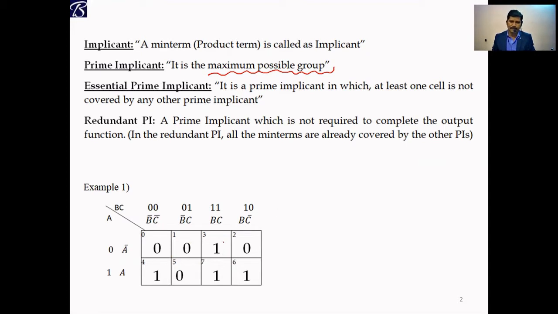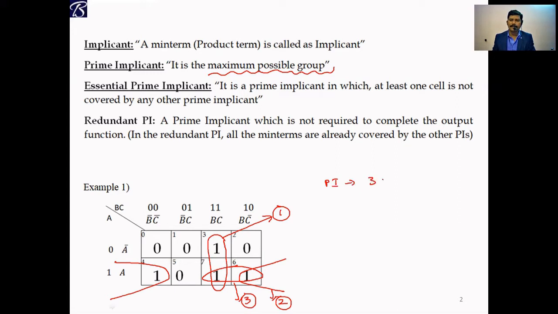Here, the possible groups are: this one we can group, the second group, and also the third group. So how many prime implicants? Three numbers are there. All maximum possible groups are nothing but prime implicants.